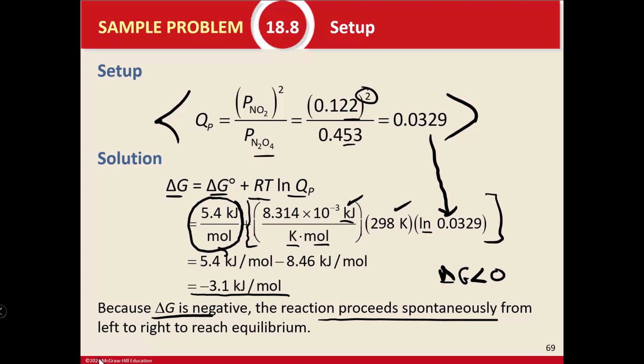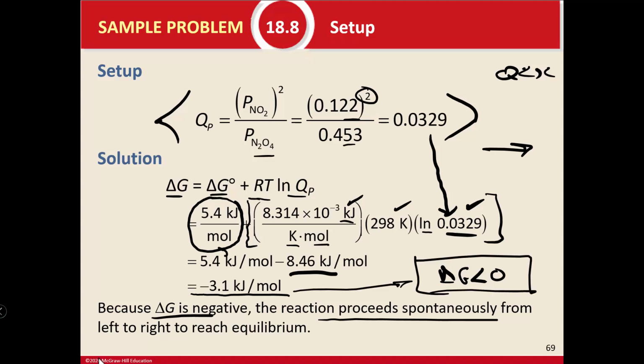With this particular Q, less than 1, that makes this term negative, which promotes that this reaction will go to the right. So what we've been looking at is usually Q less than K, and Q is less than K here, and so the reaction is going to proceed in the forward direction. And here is the thermodynamics to prove it, that delta G is less than 0, so the reaction will proceed in the forward direction.